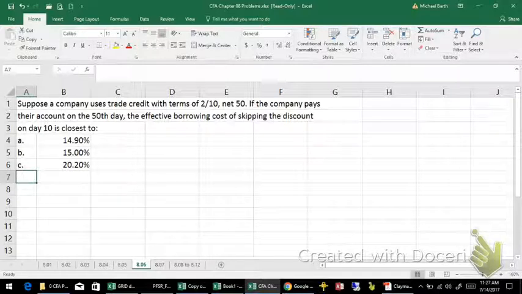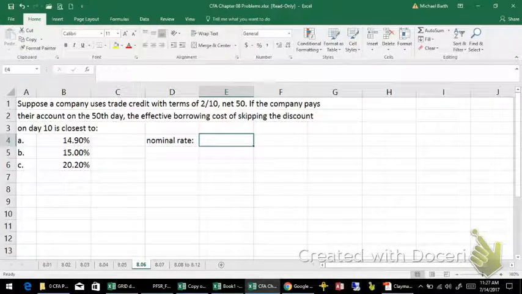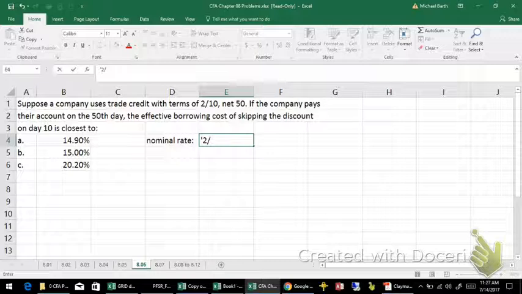Now there's two measures of the cost of trade credit: the nominal measure and the effective measure, or the nominal rate and the effective rate. For the nominal rate, you take the discount divided by 100 minus the discount, and then multiply that by how many costly trade credit periods there are in a single year.